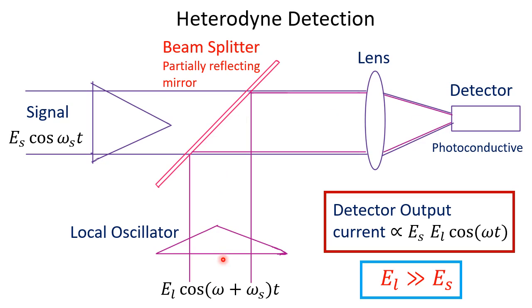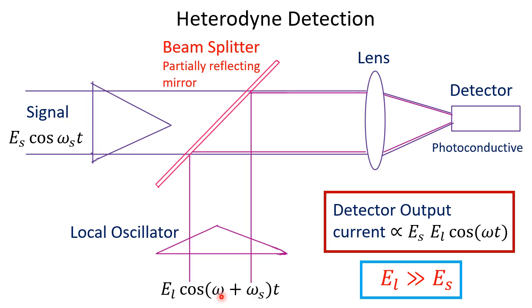This local extra electromagnetic wave that I'm impinging is basically called a local oscillator. Now I'll tell you what is the meaning of heterodyne here. Heterodyne implies that there is an amplitude of the signal, and there is also a frequency at which the signal is coming in, right? This is optical frequency. But what I'm doing is mixing this with another signal that is not exactly the same as my original signal, but slightly shifted from it.